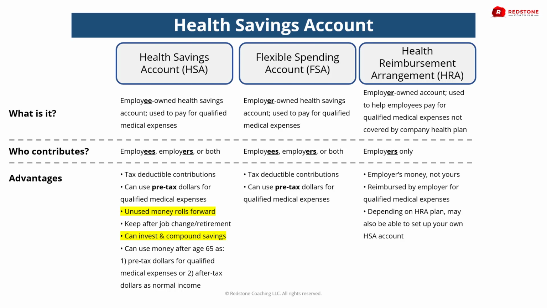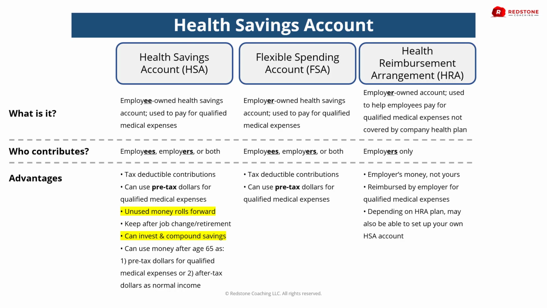So you could put $4,000 into index funds and grow that money over 3, 5, 10, 20, 30 years, just like any other type of investment. That's really awesome that you can do that with the HSA. You keep the money regardless of where you go, and you can invest it and continue to compound your pre-tax dollars over time.